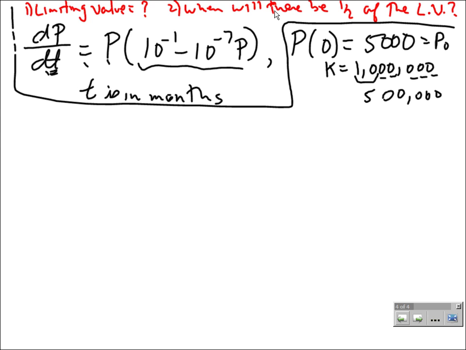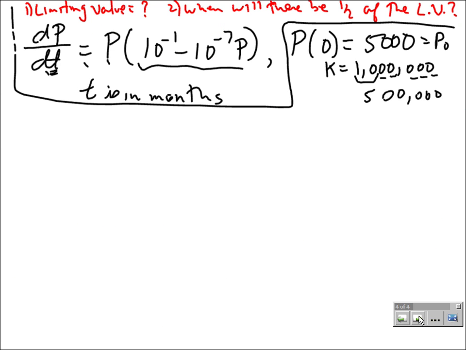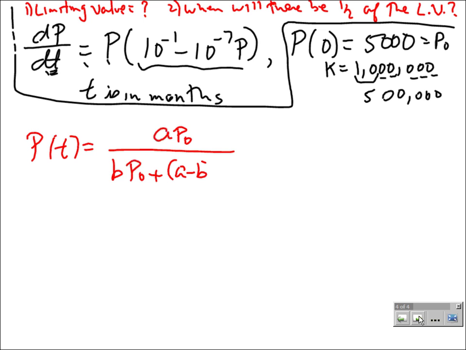Well, you go back to that major equation. This one right there. We know that P of t is equal to A times P0 divided by B times P0 plus (A minus B times P0) all times e to the negative at.